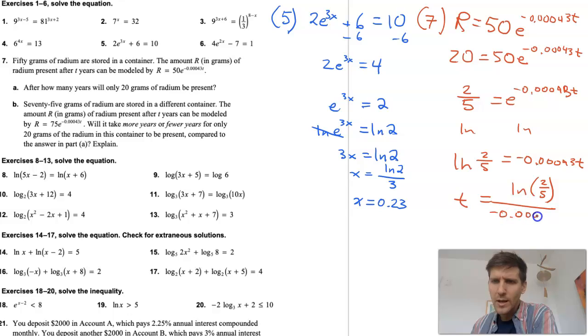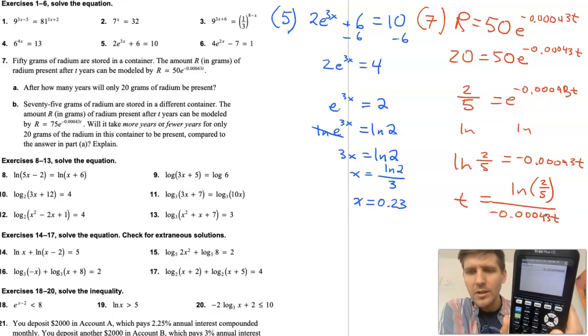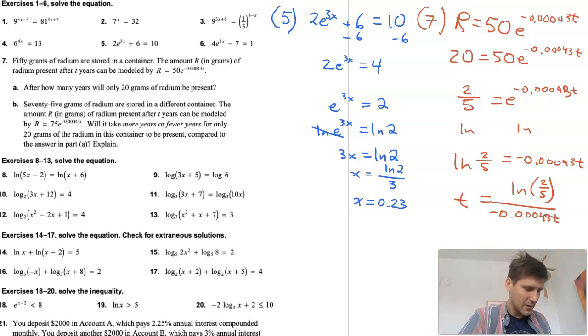So let me go ahead and break it down on my calculator. Do you want to see how I do it? You can't really see my screen too well, I guess. Natural log of 2 over 5, or I could do 0.4, either one. Then that is being divided by a negative.